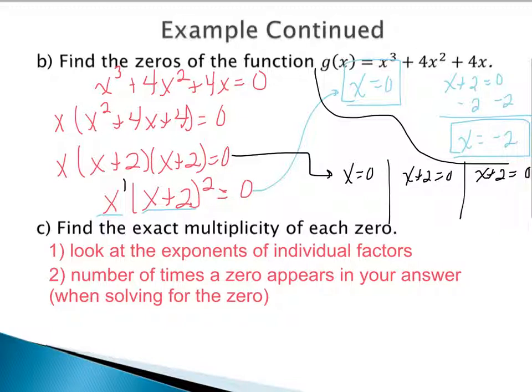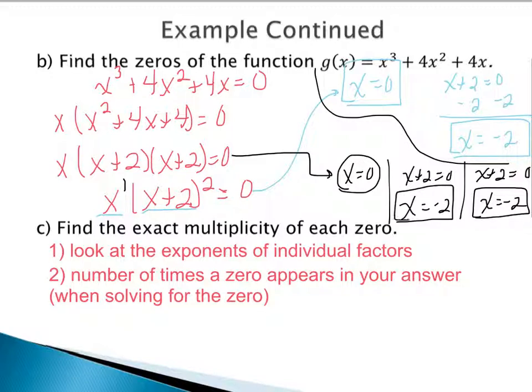In solving that, you would get one answer of x equals 0, another answer of x equals -2, and then another answer of x equals -2. The fact that you got the same answer, x equals -2, twice means that x equals -2 has a multiplicity of 2. Going back to the first way you could look at it, the exponent of 2 shows that our multiplicity would also be 2.